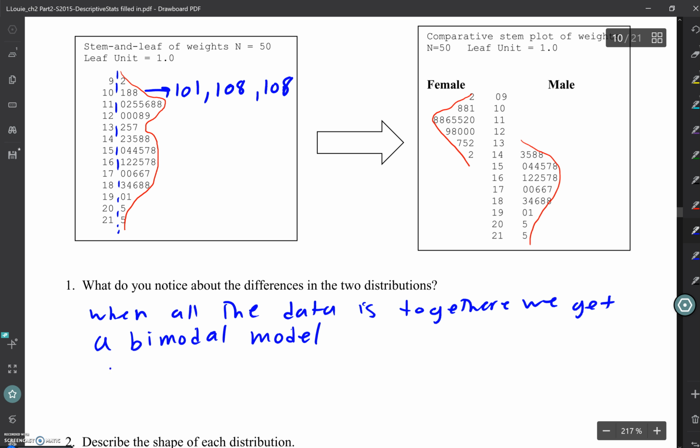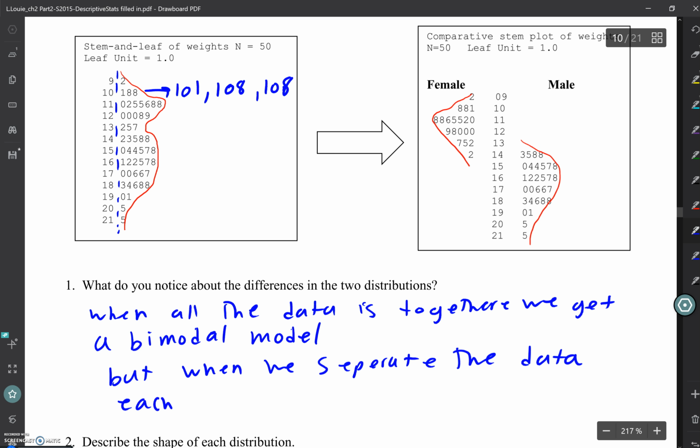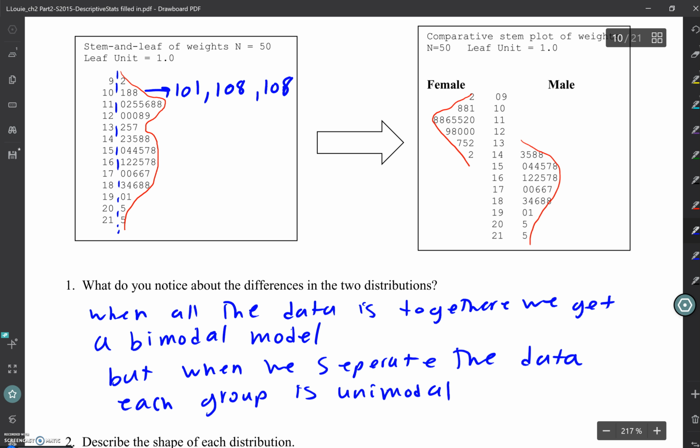But when you separate, each group is unimodal. Which makes sense that the group's data would be bimodal, right?